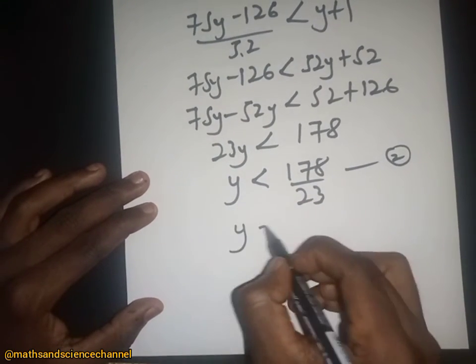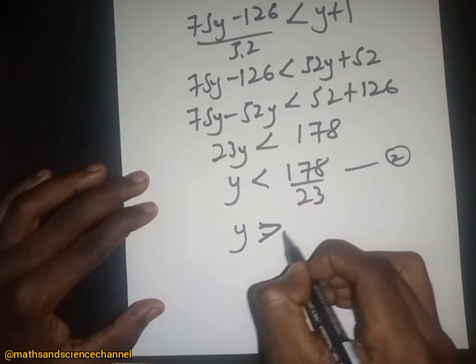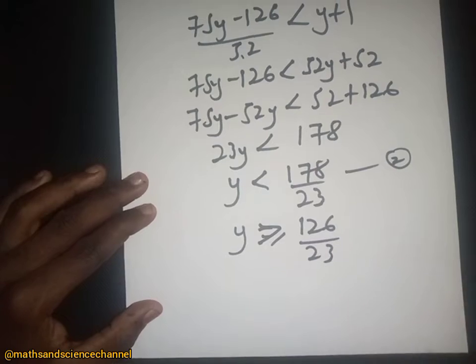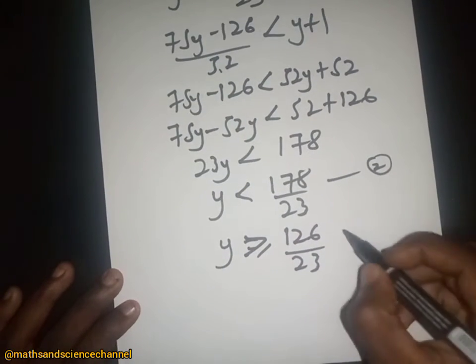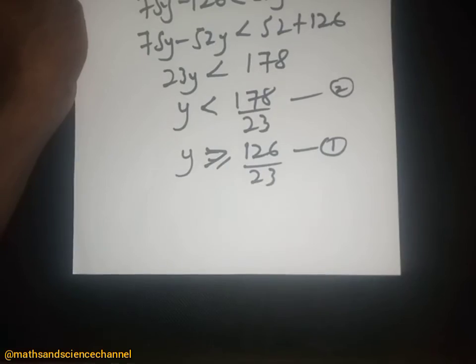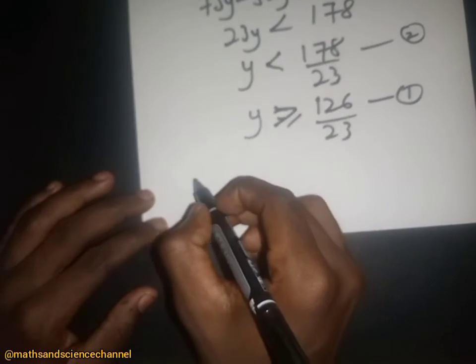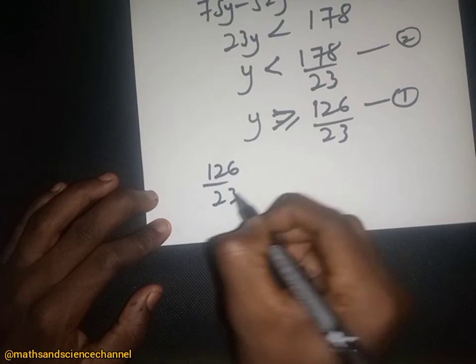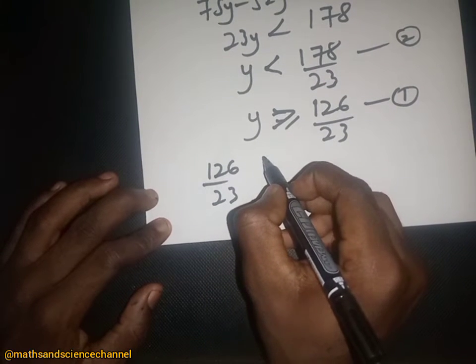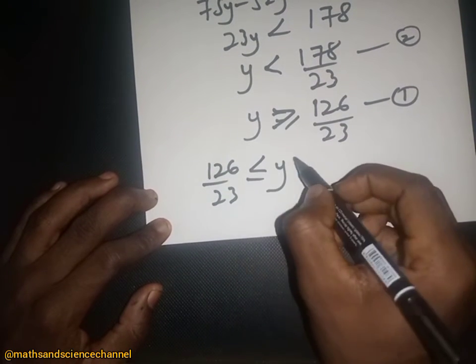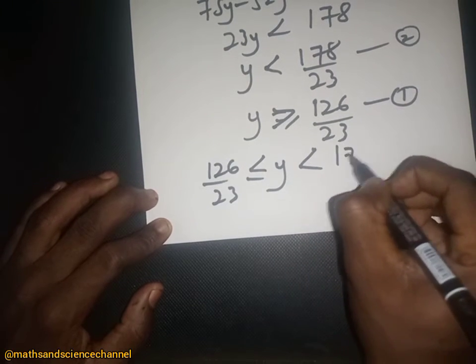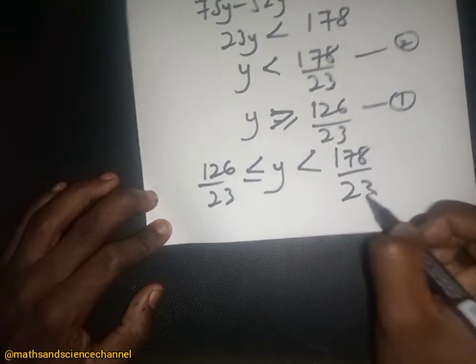So we had the first one to be greater than or equal to 126 over 23. So from here we can write this as 126 over 23, which is less than or equal to y. Then y should be less than 178 over 23.